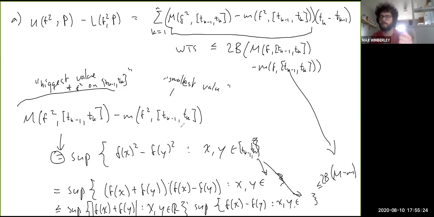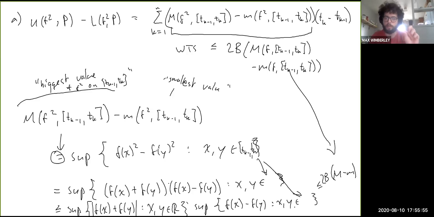They might occur at different places, but if you found the maximum value and the minimum value and subtract them, that's going to be bigger than any other difference you could possibly get. Because if you take two other x values and subtract the values of f squared at those, the first one is going to be smaller than this maximum, and the second one is going to be bigger than the minimum.